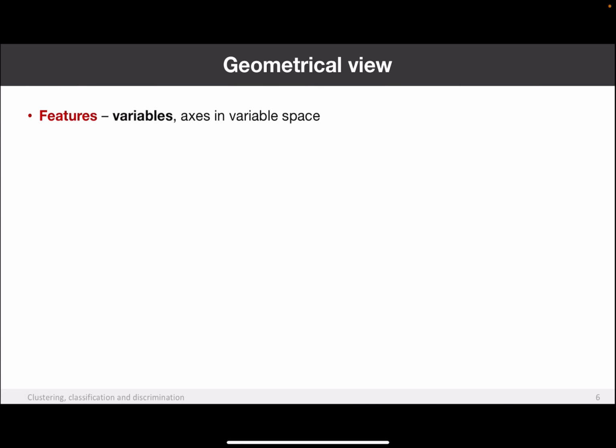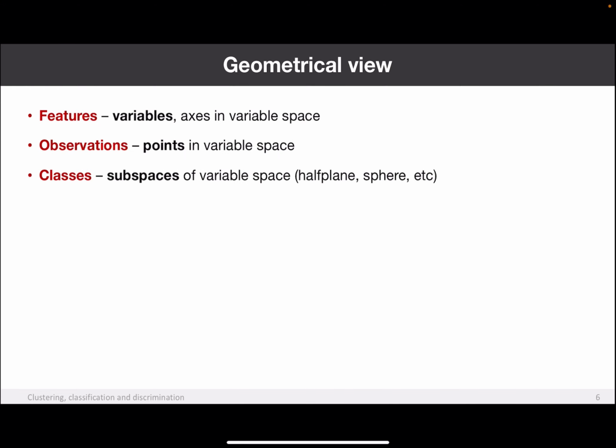And first of all, I would like to present a geometrical view, how we can show the classification task geometrically. You remember we already used this geometrical representation of data. We call it a variable space, where every variable, or every feature, is an axis of this space, and then observations are points of the space.